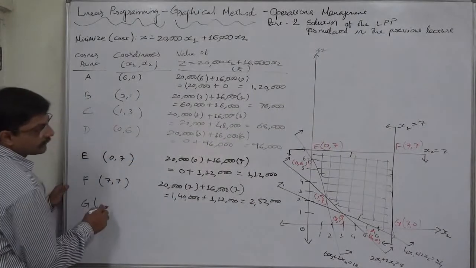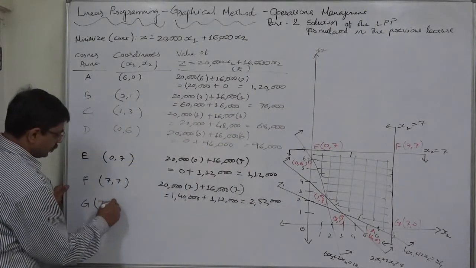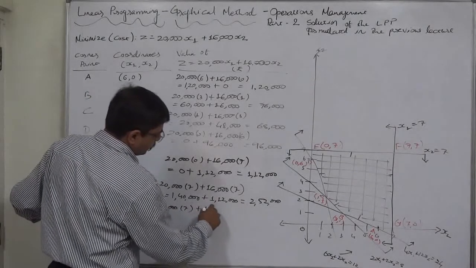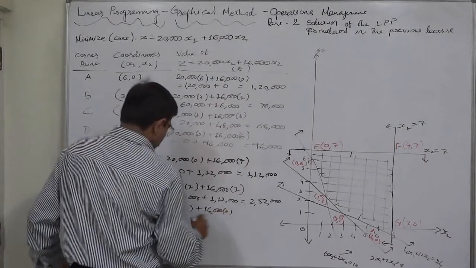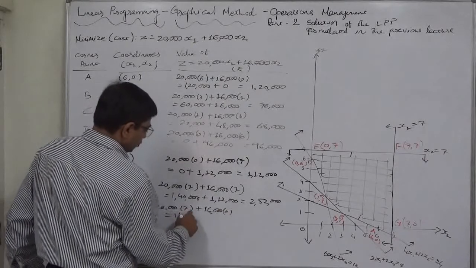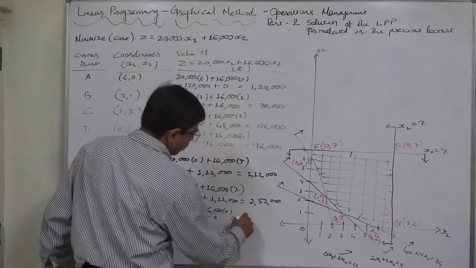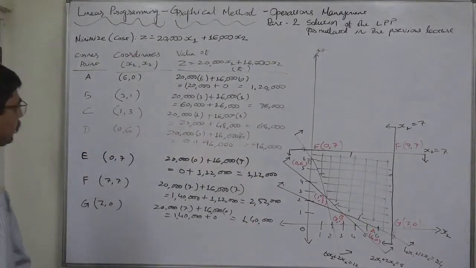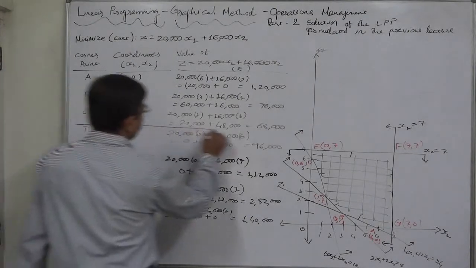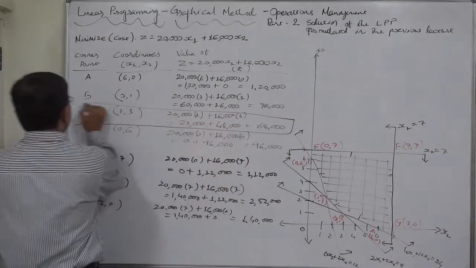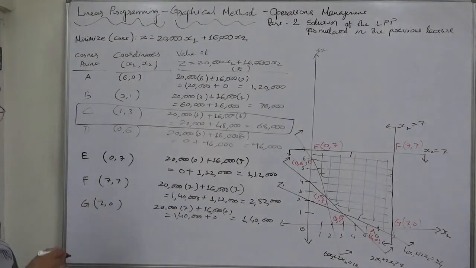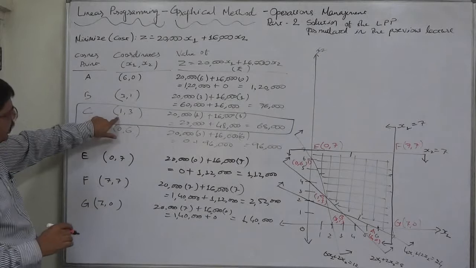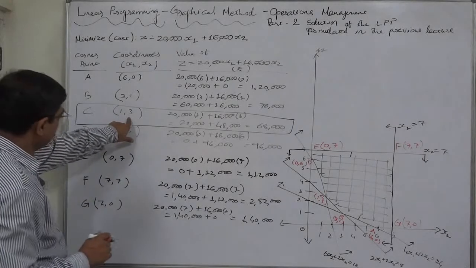G, 7 and 0: 20,000 into 7 plus 16,000 into 0, that is 1,40,000 plus 0, 1,40,000. Yes, since this is a minimization problem, the minimum cost is rupees 68,000, and that is at point C. 1 and 3 are the coordinates, that means x1 equals 1, x2 equals 3.